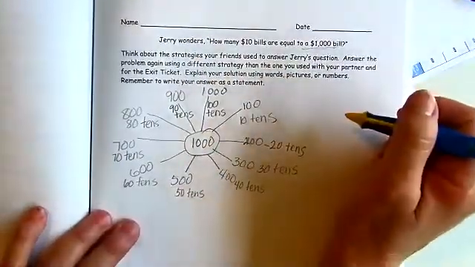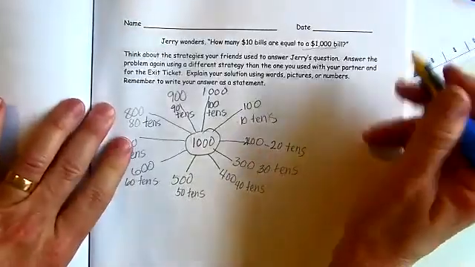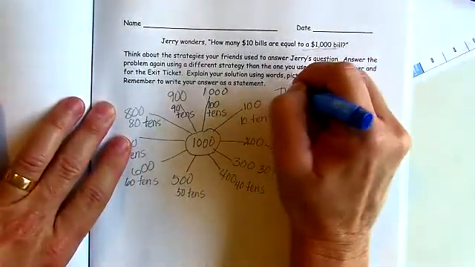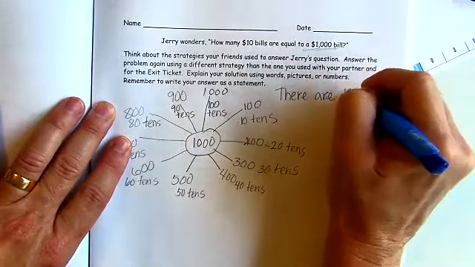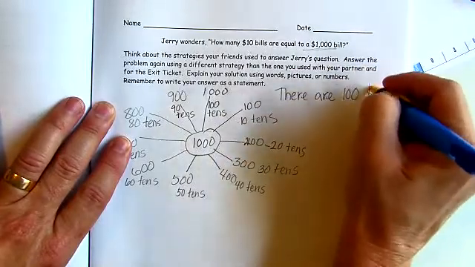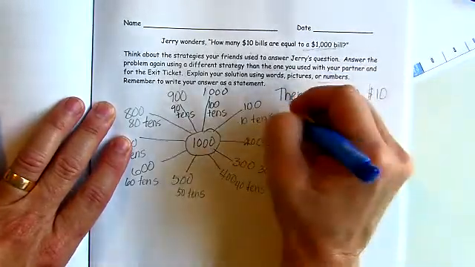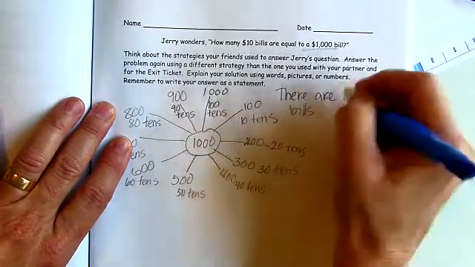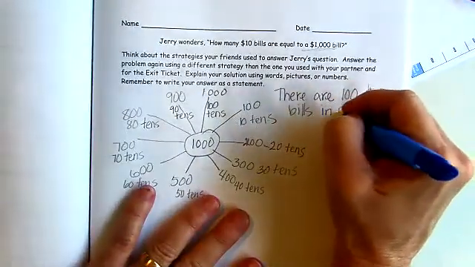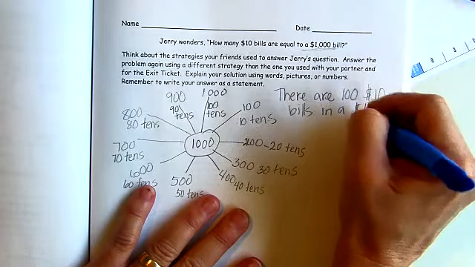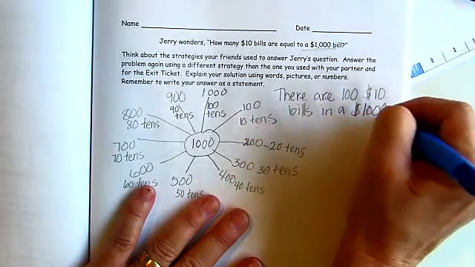But my answer then is there are 100 $10 bills in a $1,000 bill.